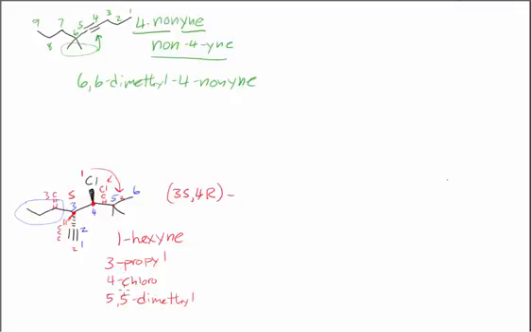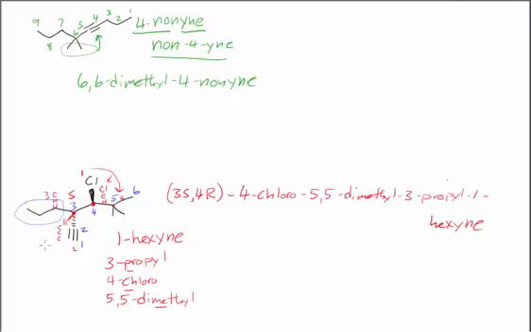So I put these in order: C, then M, then P. So 3S, 4R, 4-chloro, then the 5,5-dimethyl, 3-propyl, 1-hexyne.